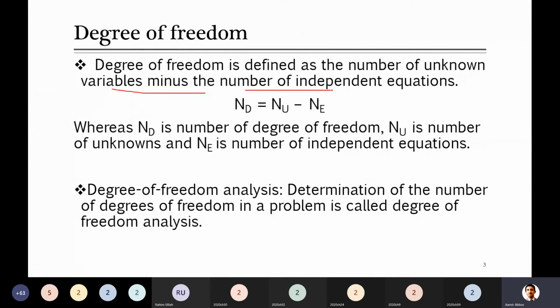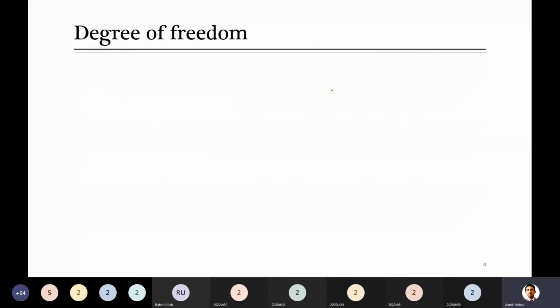So if anyone asks you what is degree of freedom, it means for any problem, either material or energy balance or anything else, where you are looking for the number of unknowns and the number of equations, if you take their difference, that is the degree of freedom of the problem. And degree of freedom analysis is just to determine the number of unknowns as well as equations, then take the difference and calculate the number of degrees of freedom.